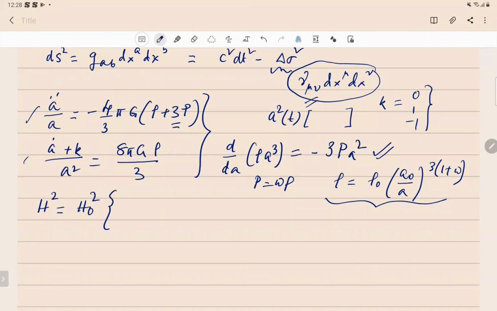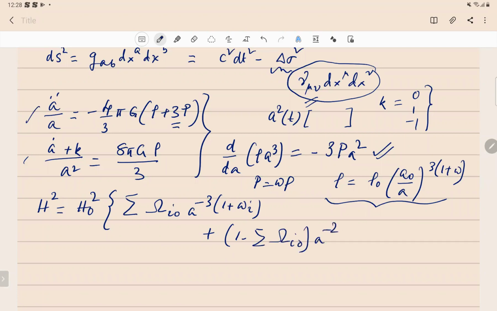For different components with different densities, you can write this as a summation over omega i0, a to the power minus 3 (1 plus w_i), where i corresponds to different kinds of components, plus 1 minus the summation of omega i0, a to the power minus 2, where we have defined omega i0 as rho i, the density of the ith component at the present time, divided by the critical density, where rho critical is 3 H naught squared by 8 pi G.